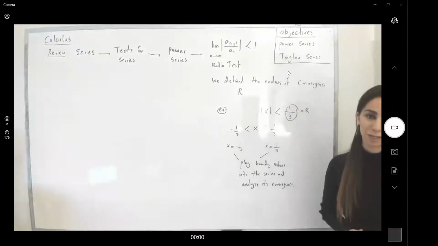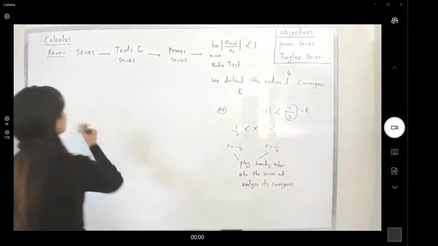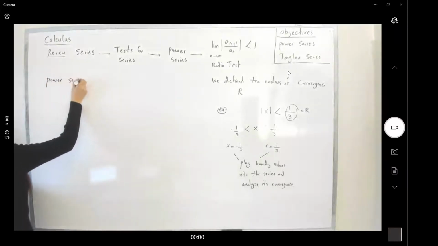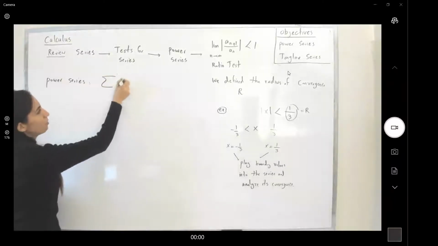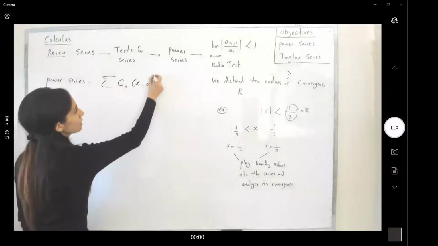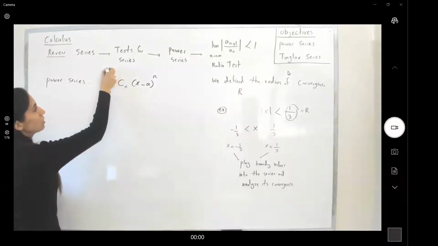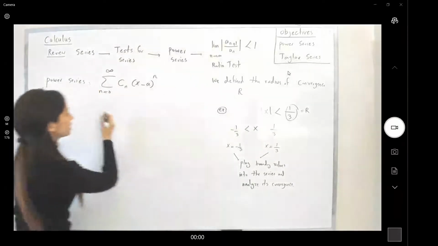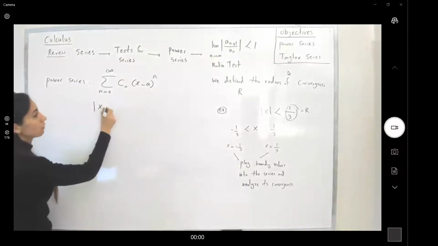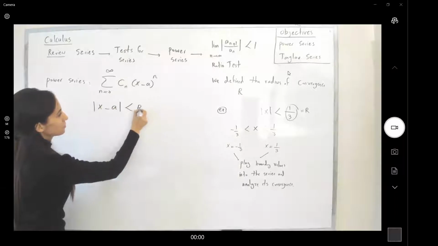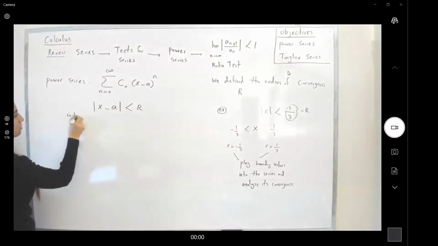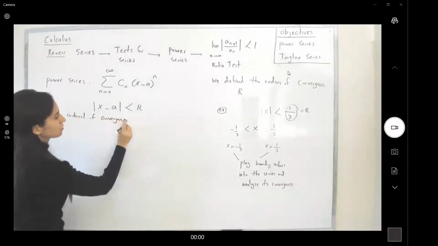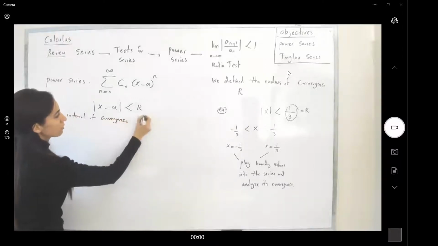special case Maclaurin series. Power series was defined as the sum Cn (x minus a) to the power n, starts from 0, goes to infinity, and we saw that by using the ratio test, we can find the interval of convergence, and R is our radius of convergence.